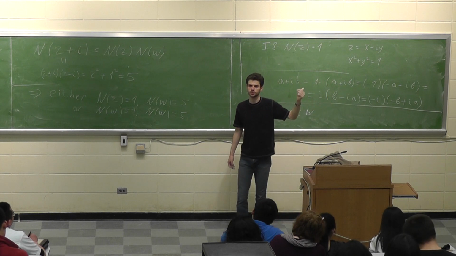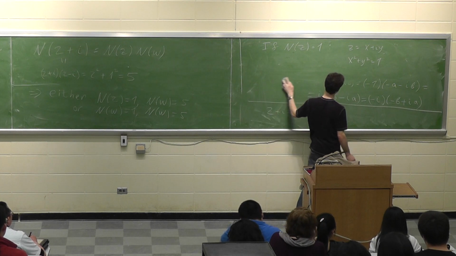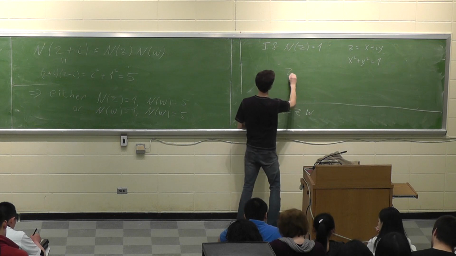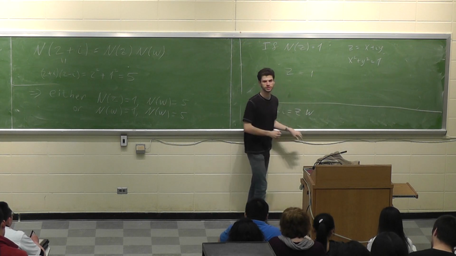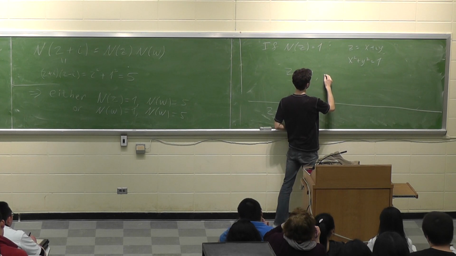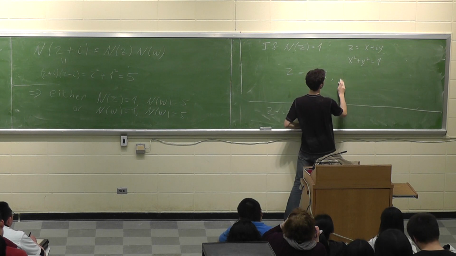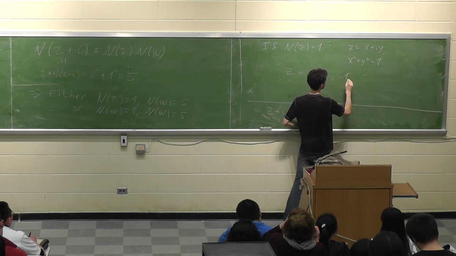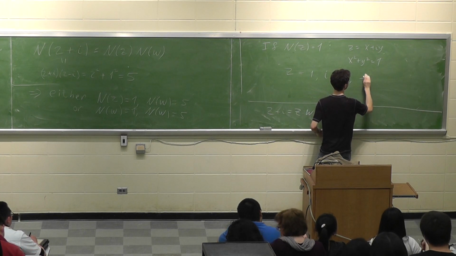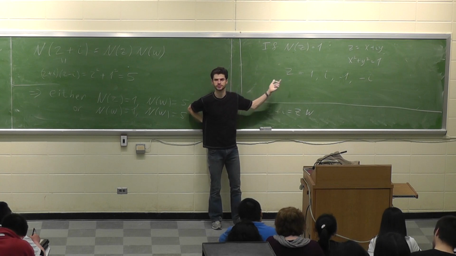Basically, one of them must be equal to 1, and the other one must be equal to 0. So what are the possibilities? Well, there are 4 possibilities. x equal to 1, y equal to 0, y equal to 1, x equal to 0, x equal to minus 1, y equal to 0, and x equal to 0, y equal to minus 1. So z must be one of these 4 numbers.